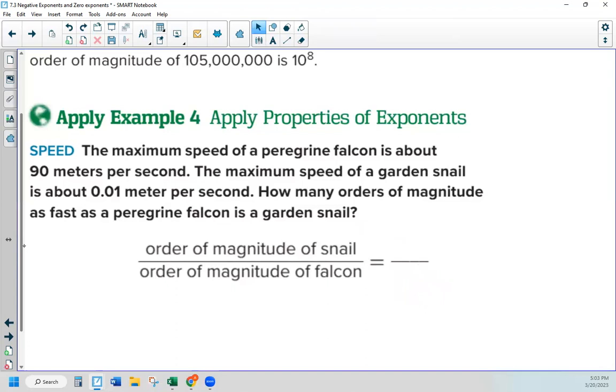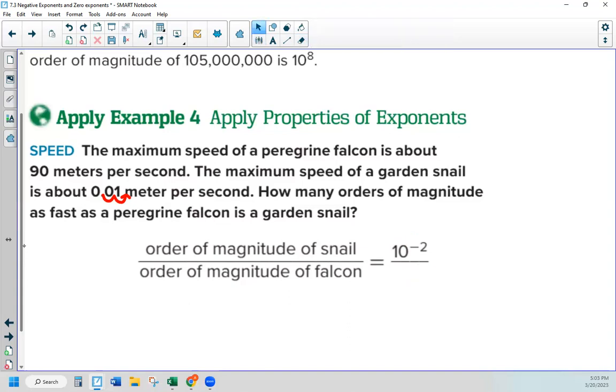The magnitude of a snail. Okay, so for the snail, what we have to do is actually go backwards so we get to a 1. How many times do we have to go backwards? 1, 2. We would have to move that decimal to the right 2 times. That is why we have a -2 right here. Okay.